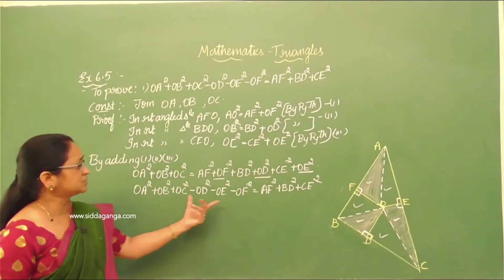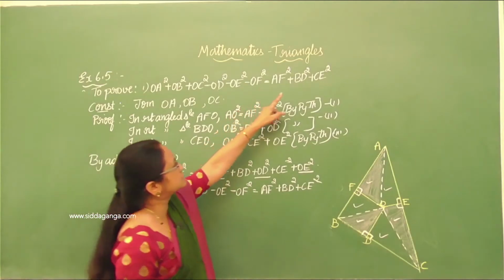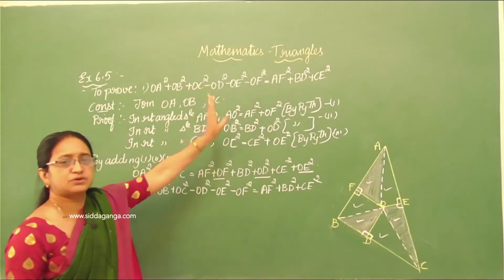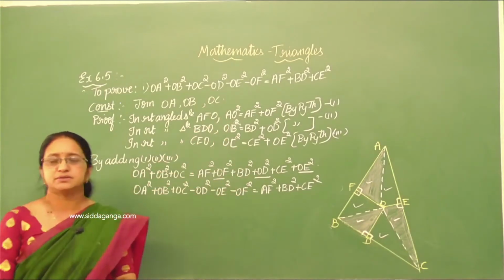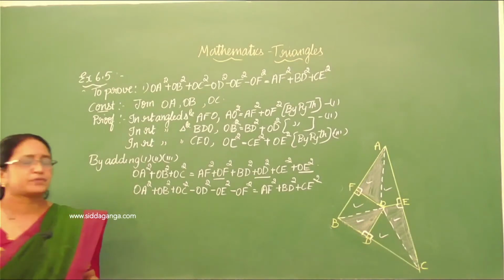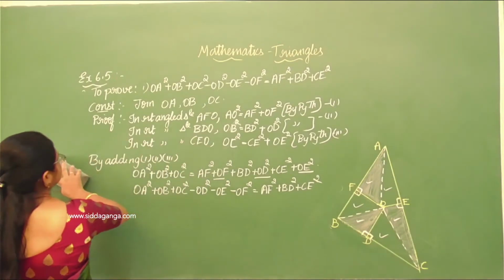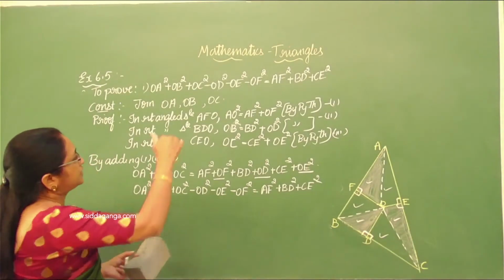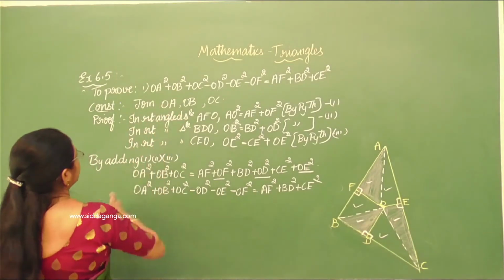We got the result AF square plus BD square plus CE square, the same result. Now I'll just rub this. Same thing you can proceed with the second one; no need of writing all this again.